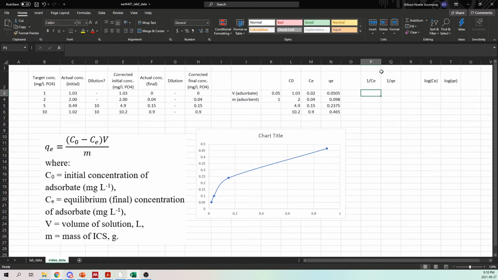So to build the Langmuir isotherm, we simply have 1 over CE as our X and 1 over QE as our Y. So we'll just do equals 1 over CE. Drag this down. And 1 over QE.